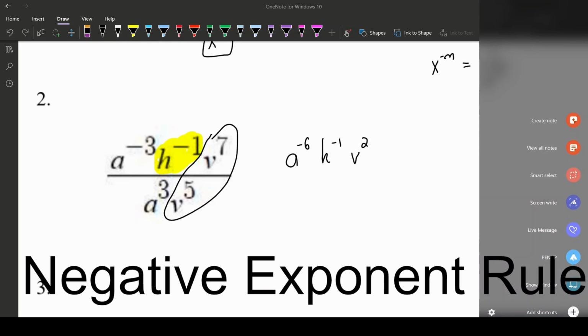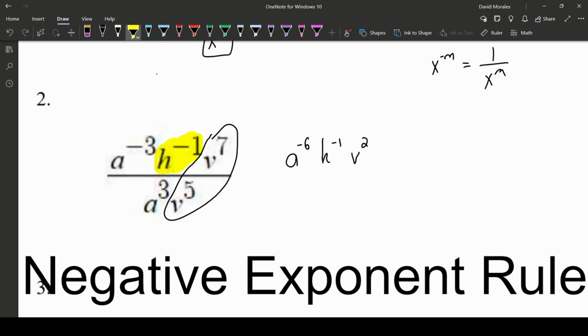Well, what are my negative exponents? I have my a raised to a negative exponent, and I have my h raised to a negative exponent. So my next step is to put them on the bottom, which I have to have a fraction bar for this. What is not a negative exponent? Just simply carry it over to the top.